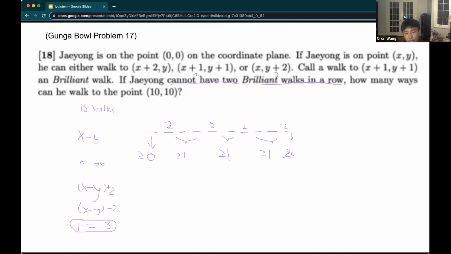Since there are 4 of these 2s and 10 spaces in total, there are 6 possible spaces that we can split into these 5 gaps. If we subtract 1 from each of the gaps that need at least 1, we change these all to 0, and the total goes down to 3.